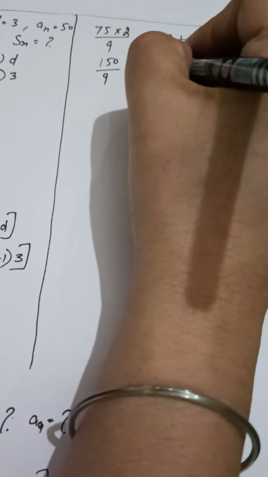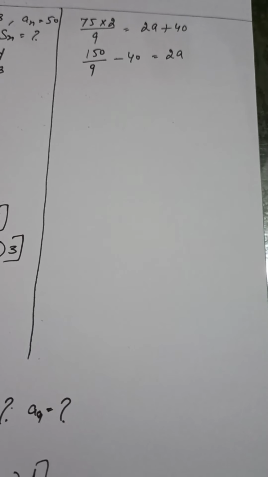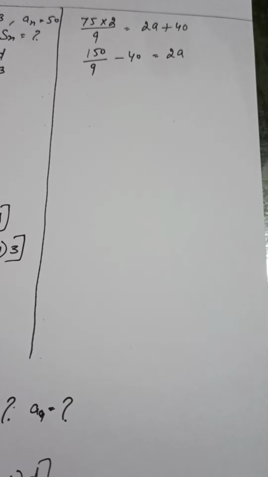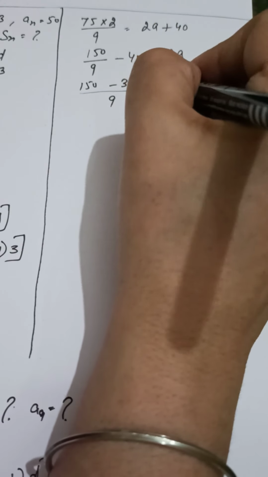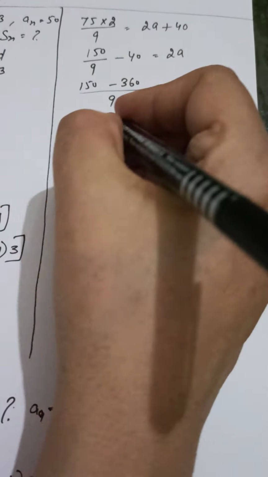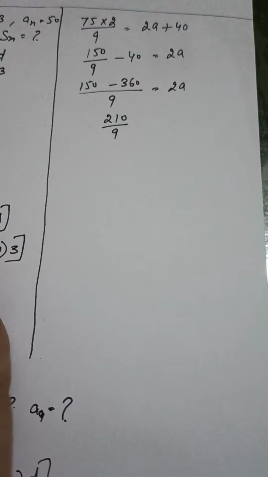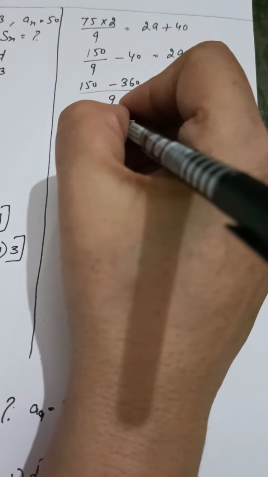Plus 40 moves to the left hand side, that is minus 40. By taking LCM, 150 minus 360 is equal to 2a. What we get here? 210 upon 9, so that becomes 70.